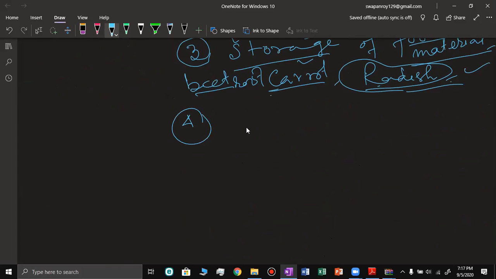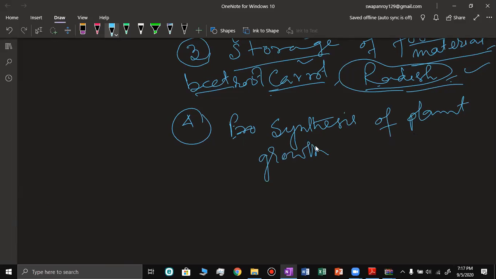One of the important functions in the root system is the synthesis of plant growth regulators.